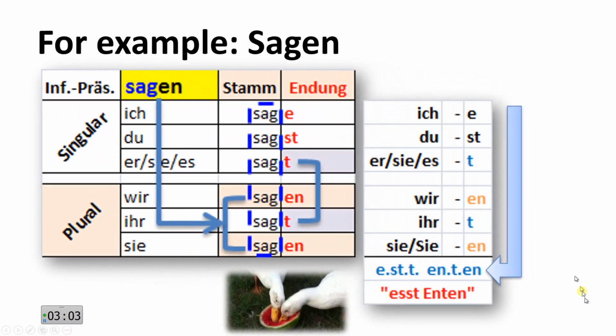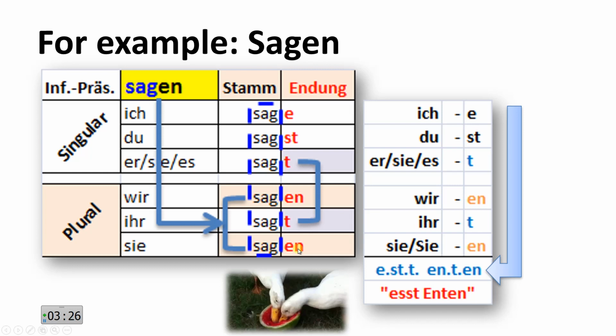So here we have that word sagen as mentioned in the beginning, where the Stamm is SAG, which will not change as you can see, and the ending will change according to the pronoun. Ich sage, du sagst, er, sie, es sagt, wir sagen, ihr sagt, sie sagen.